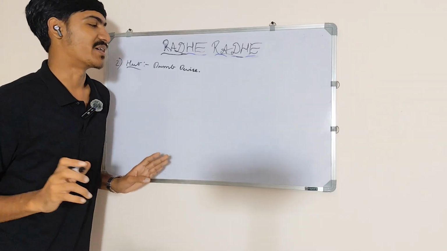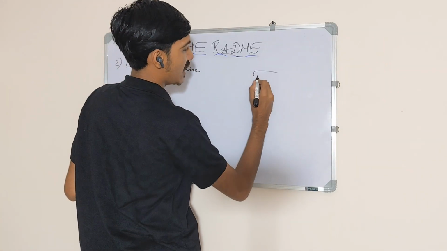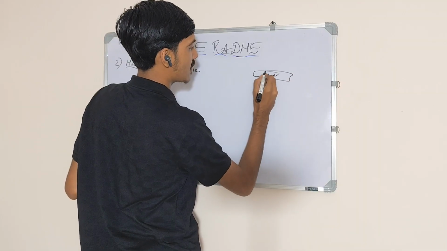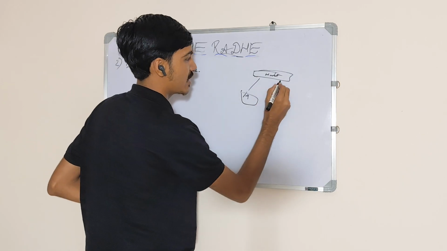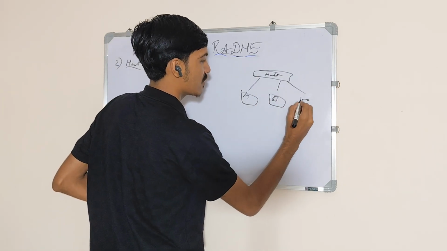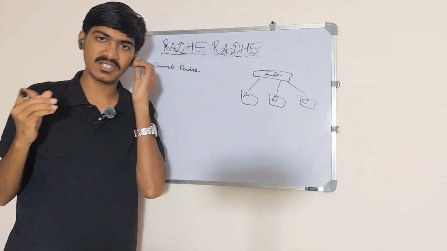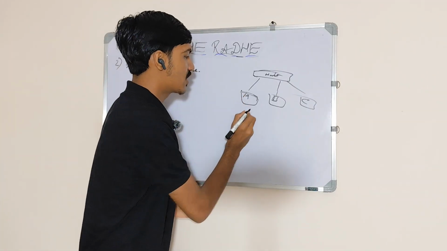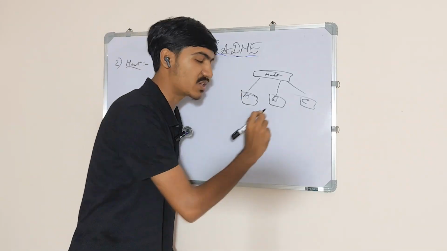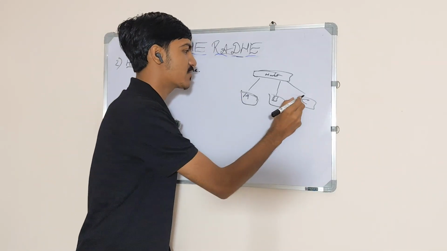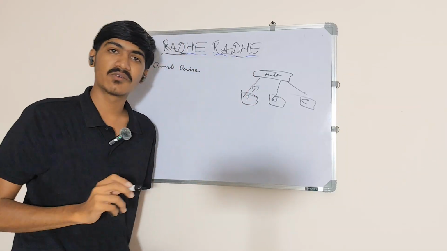Now I should stress some point. Example, let's suppose, as I explained about hub topology, we have a central concentrator called a hub here. The hub is sitting here. Now we have device A, device B, device C. Suppose device A is trying to send data to C. Device A sends the data, and the hub receives it.